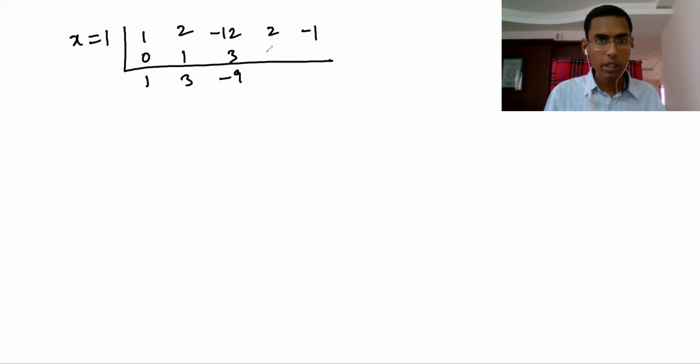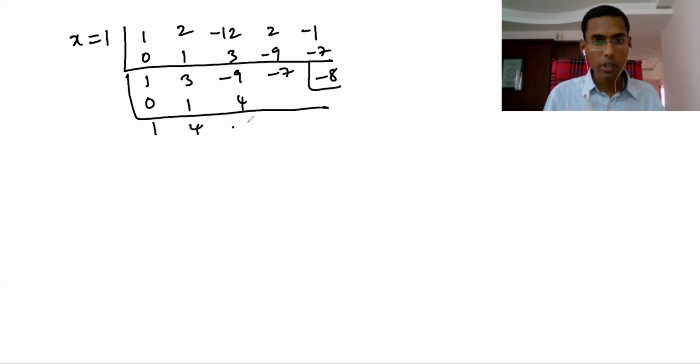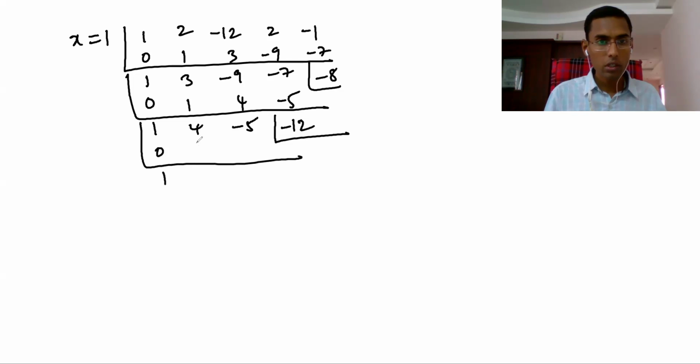This is minus 9, and minus 9, minus 7. This is minus 7. This is minus 8. So then this becomes 1, 4, 4, minus 5, minus 5. This is minus 4, this is 12. So then what you get is 1, 1, and 5, 5, and this is 0.